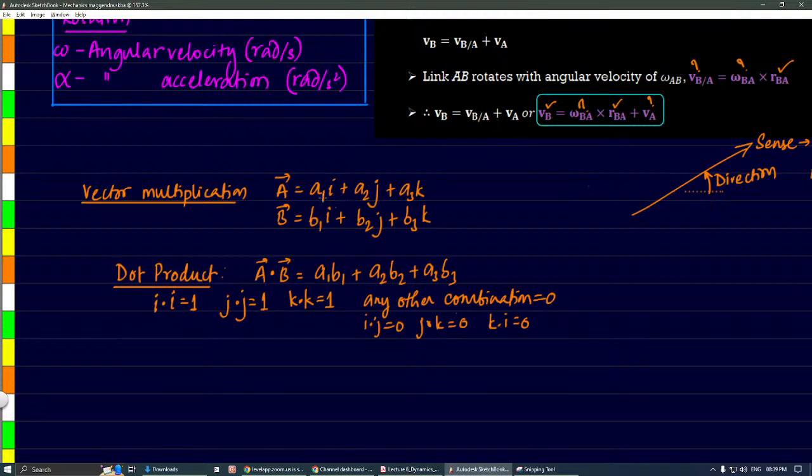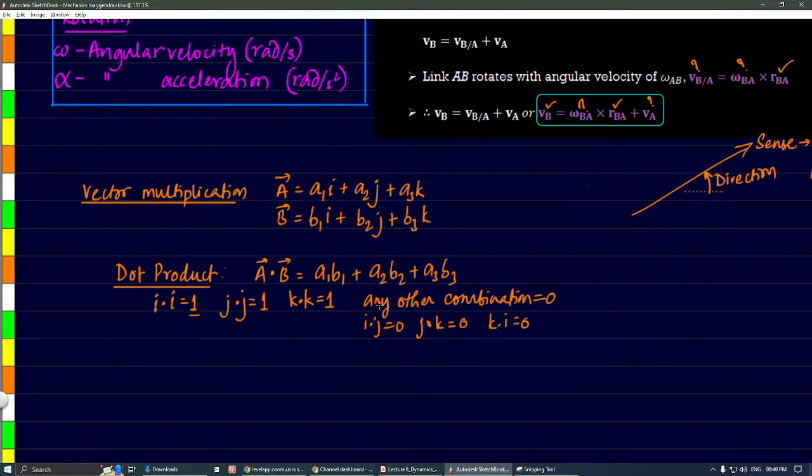So what we get is a1I dot b1I. I dot I becomes 1, and a1 b1 we are left with. When we multiply a1I with b2J, we get I dot J, and I dot J is 0. 0 into anything is 0.